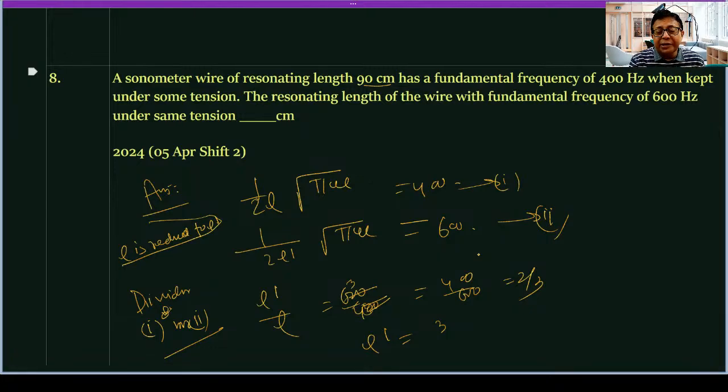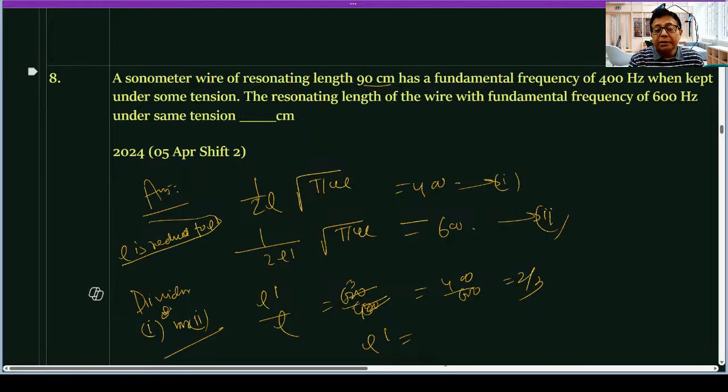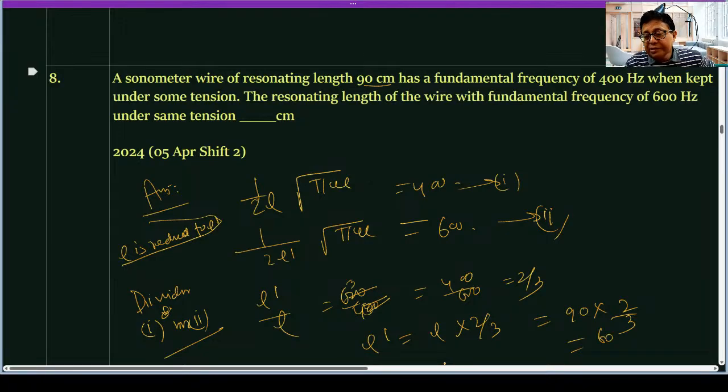So L dash will be L into 2 by 3. Putting the value, 90 into 2 by 3, this is 60 centimeters.